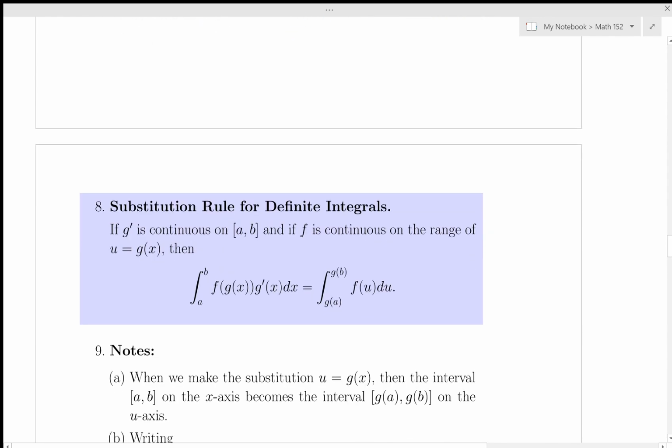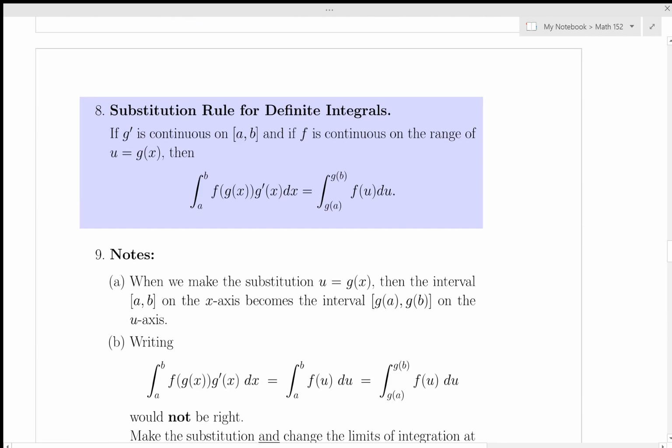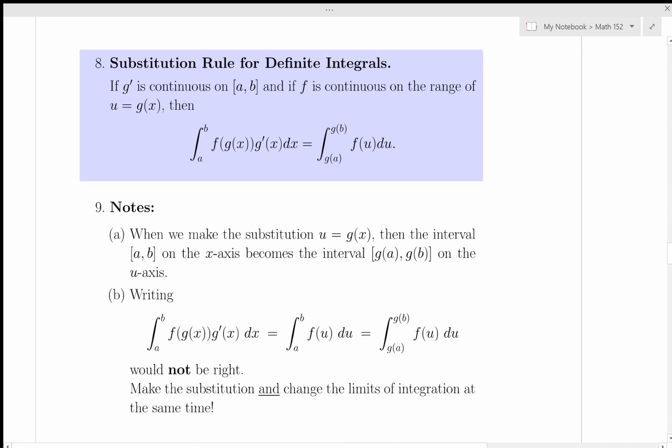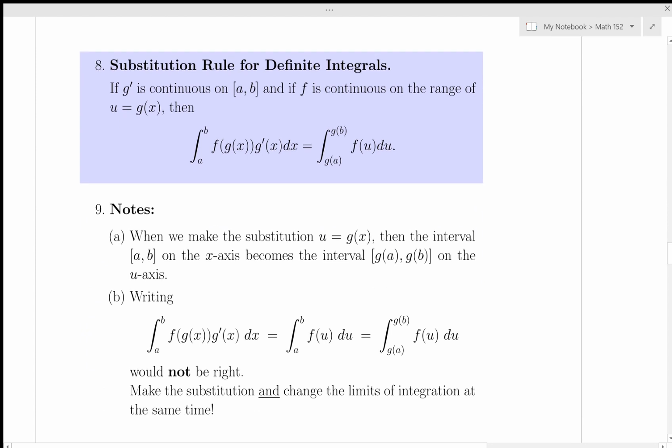Okay, we've just done substitution on indefinite integrals. What happens if we're doing it on a definite integral? The only difference is that we must substitute the limits as well. You notice it's the same rule, but what's here is not a, and this is not b.